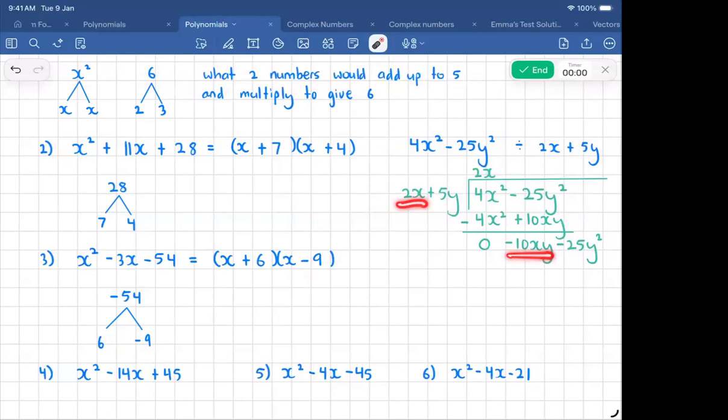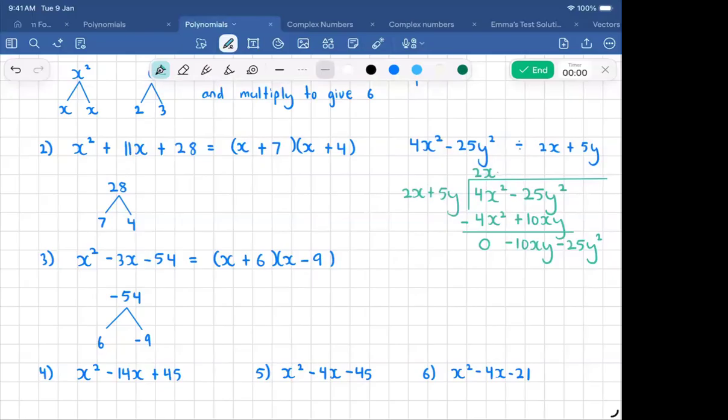How much times 2x could go into that? Minus 5y. Minus 5y by 2x gives negative 10xy. Is your mind blown? Yes, I wasn't seeing that before.